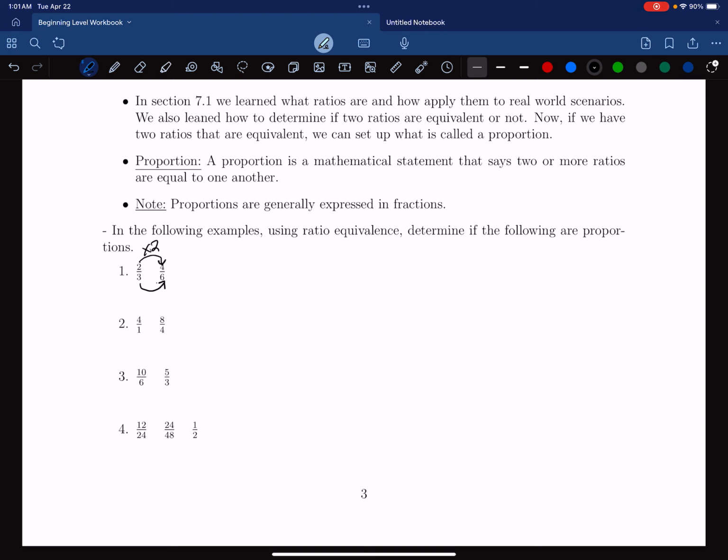Then if you look at the denominators, or the bottom part of the fraction, we have a 3 and 6. To get 3 to 6, we can also multiply it by 2. And therefore, because these ratios are equivalent, we can say that these are proportional, or they are equal to each other. So therefore, we have a proportion.